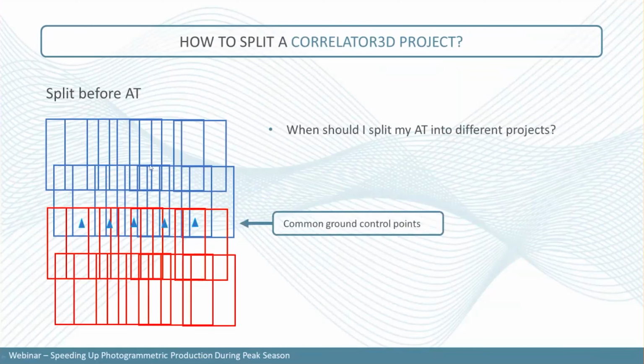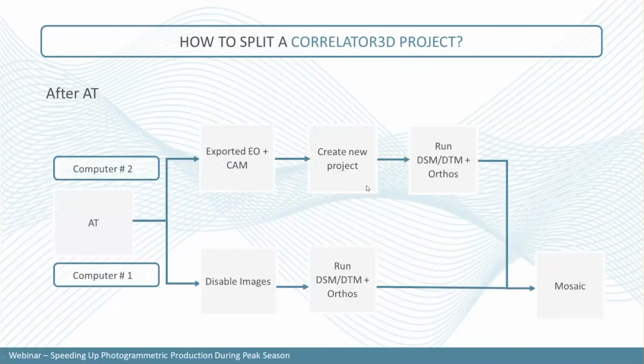Sometimes you can also run the first part, take its output, and use it as input ground sources for the second project, and so on. So you can have multiple blocks like this as well.